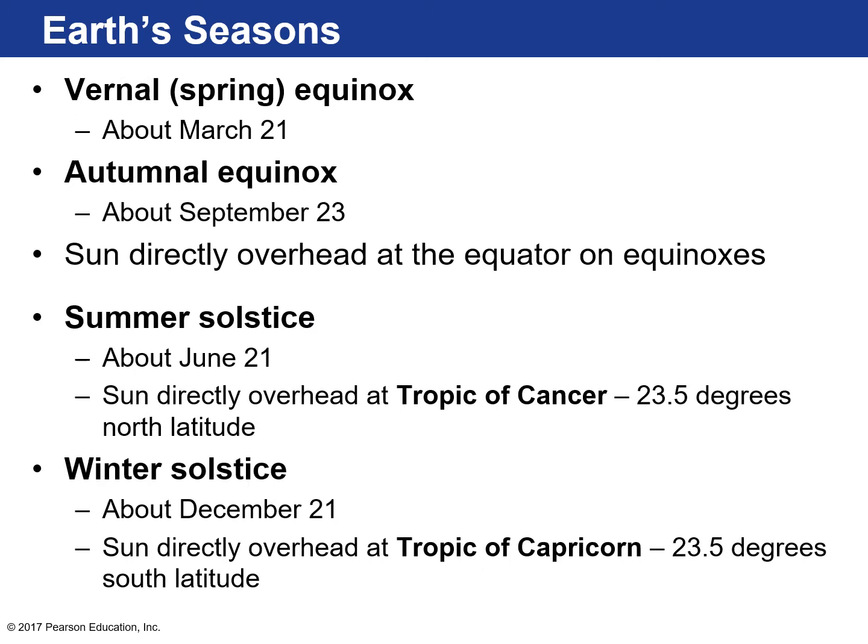So here are those special days we've talked about: the vernal equinox and autumn equinox. Then there's the summer solstice, the longest day of the year in the northern hemisphere, and that's when the sun is directly above the Tropic of Cancer, which is about 23.5 degrees.